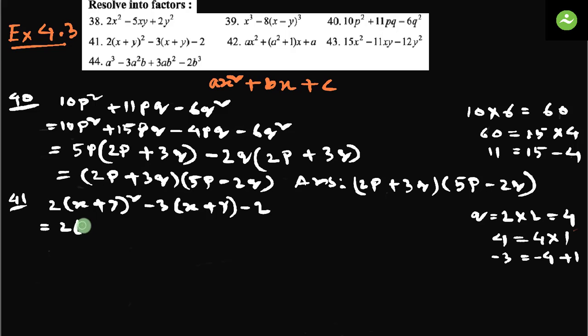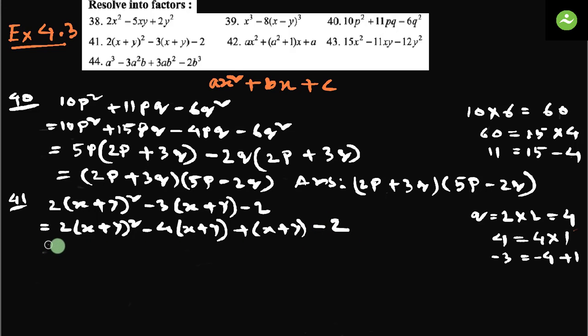So 2 into (x plus y) whole square minus 4 into (x plus y) plus 1 into (x plus y). We don't need to write 1 because it doesn't make any change. You write or don't write, and minus 2.